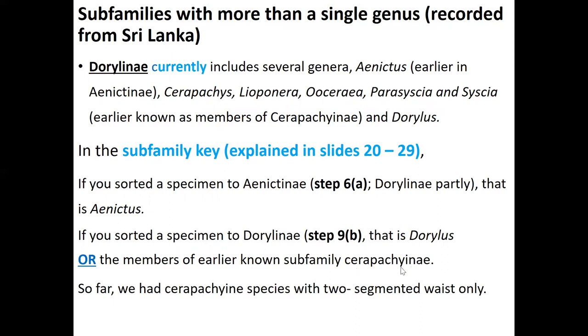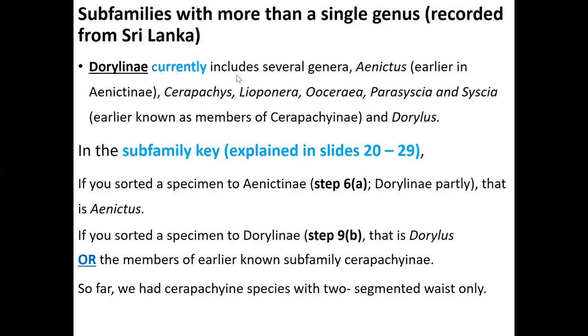In a recent taxonomic revision, Aenictinae and Cerapachyinae were transferred to Dorylinae. All members of Aenictinae and Cerapachyinae were moved to subfamily Dorylinae. So now only Dorylinae is valid. Even in my publications, you will see Aenictinae and Cerapachyinae, right? But this only happened recently. So Dorylinae is the only currently valid subfamily.